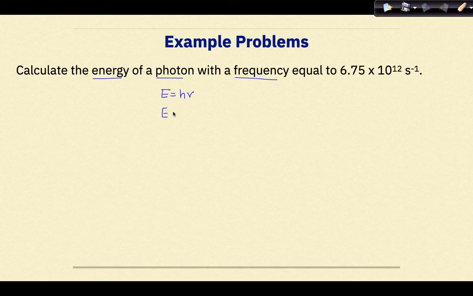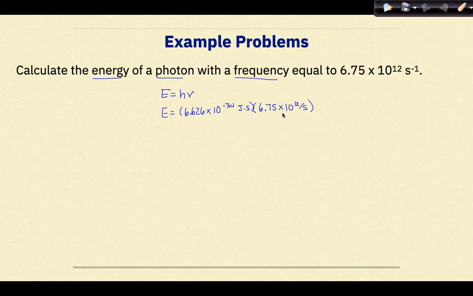So E is equal to Planck's constant, which is 6.626 times 10 to the negative 34 joules seconds, times our frequency of 6.75 times 10 to the 12th cycles per second.